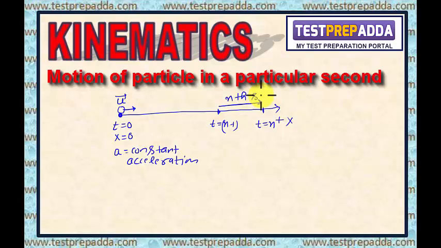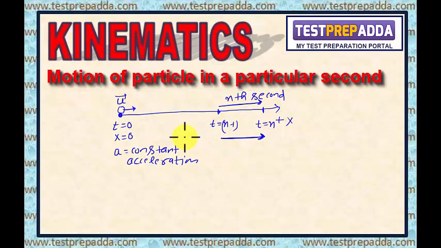Many times they ask questions in the exam which are based upon the motion of particle in a particular second. For example, if I ask you find the distance traveled by the particle in this nth second.